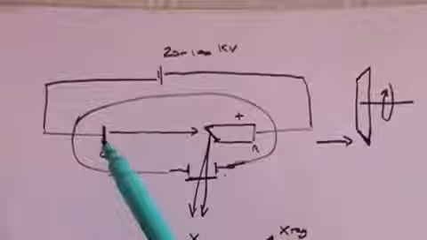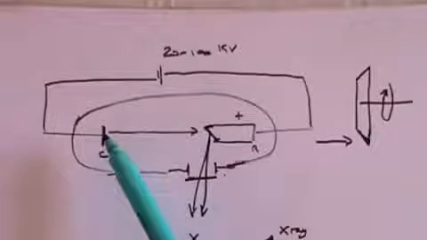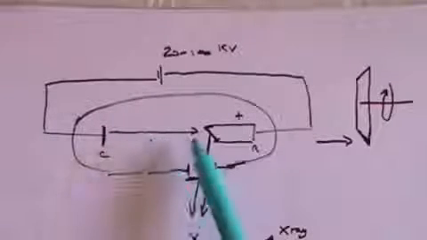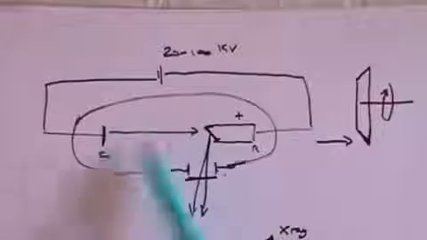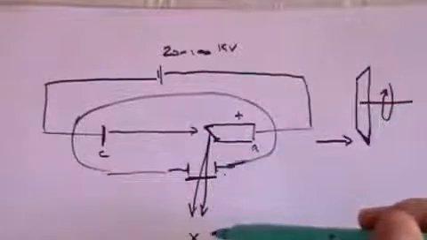On the other hand, if you increase the temperature of the cathode, you will produce more electrons, more thermal electrons, and that means you get a higher current, since current is flow of electrons. So you get more electrons coming across here, and that means you get more X-rays.